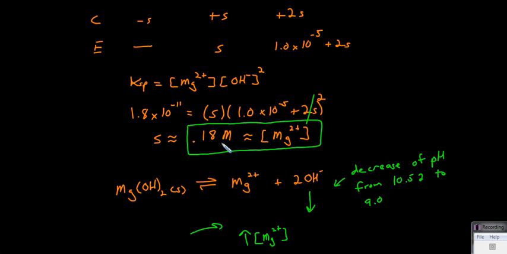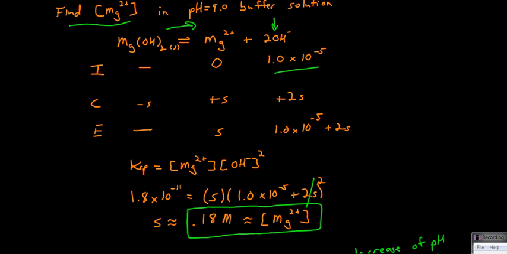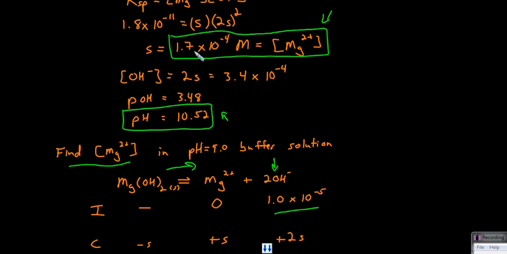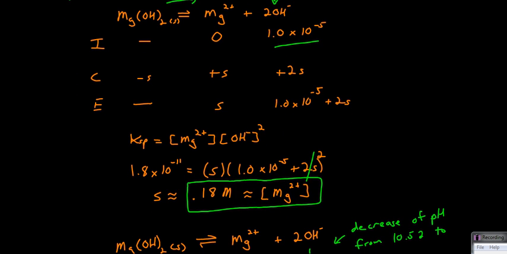saying that S is about equal to 0.18 molar. And we saw, therefore, that initially the concentration of magnesium was 1.7 times 10 to the negative 4 molar in just dissolving magnesium hydroxide in just water. But having this buffered solution, which has a lower concentration of hydroxide than in the previous case, we have much more magnesium dissolving, about 100 times more.